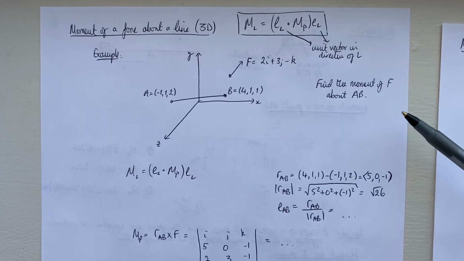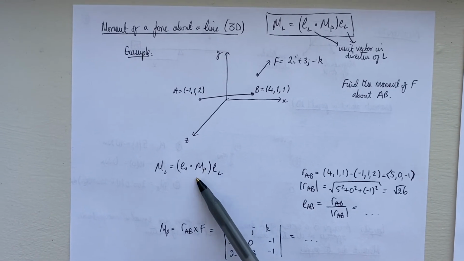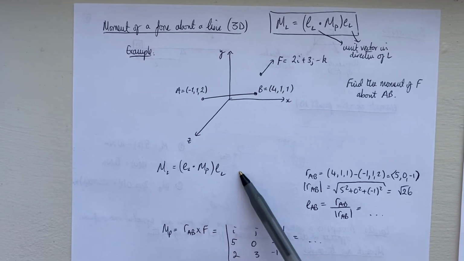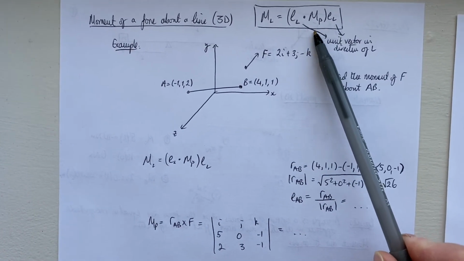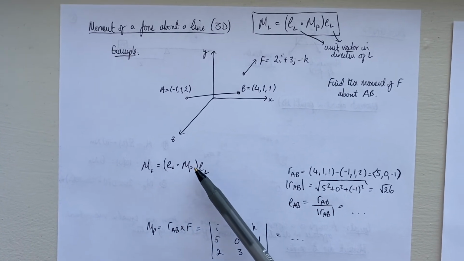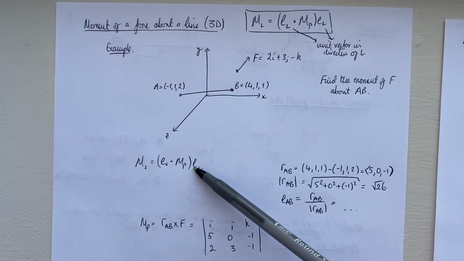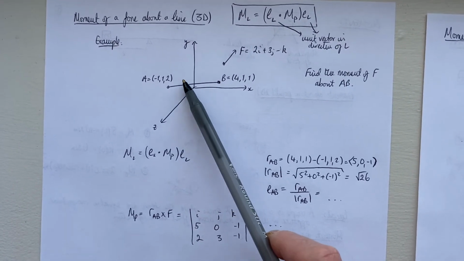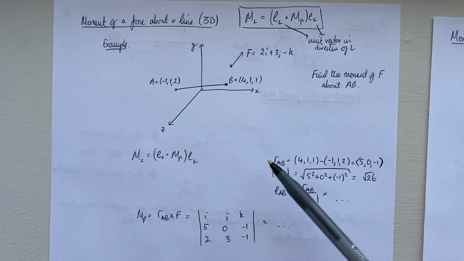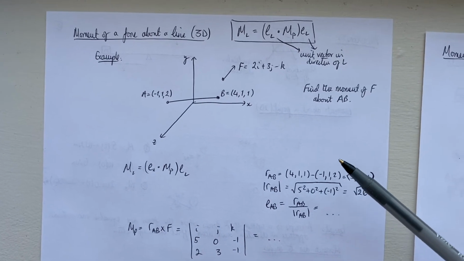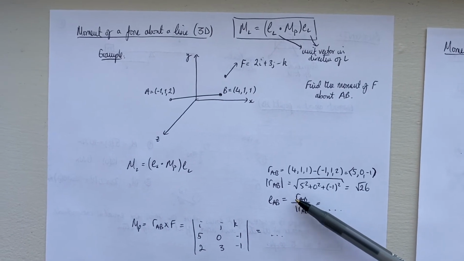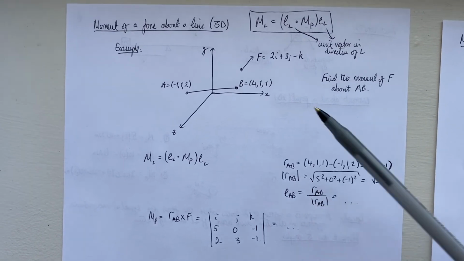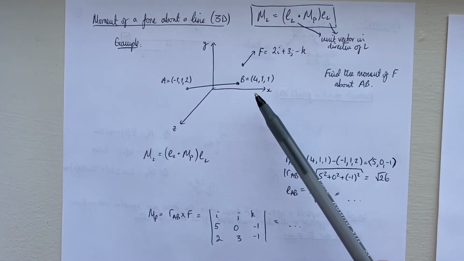So how we do that is we take this equation, right, and we need to find the unit vector in the L direction, so that's straightforward, right? We take the position vector RAB and divide it by its magnitude. That gives us the unit vector in the L direction.